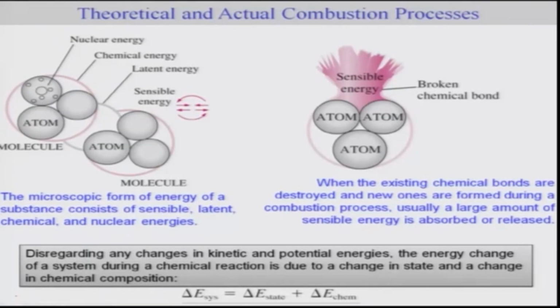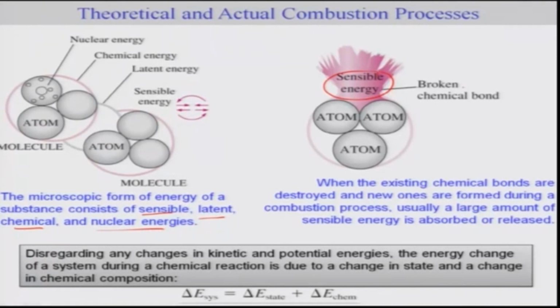Now, as we know, the macroscopic form of energy of a substance consists of sensible, latent, chemical and nuclear energies, and thus when a specific reaction occurs, particularly combustion, usually a large amount of sensible energy gets released or absorbed. This is represented in terms of broken chemical bonds. Okay.